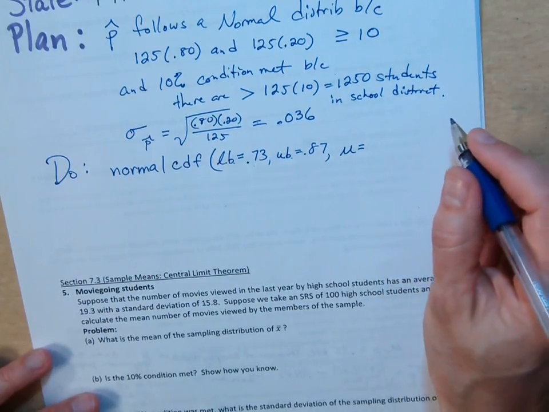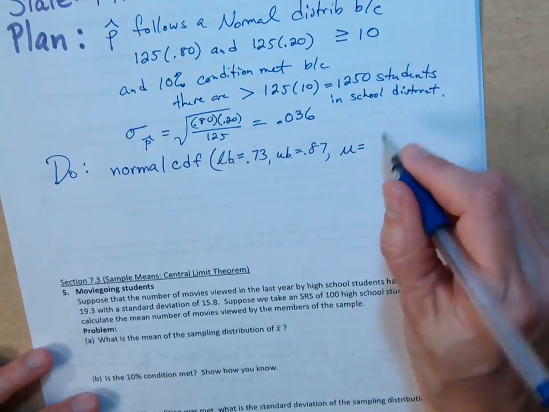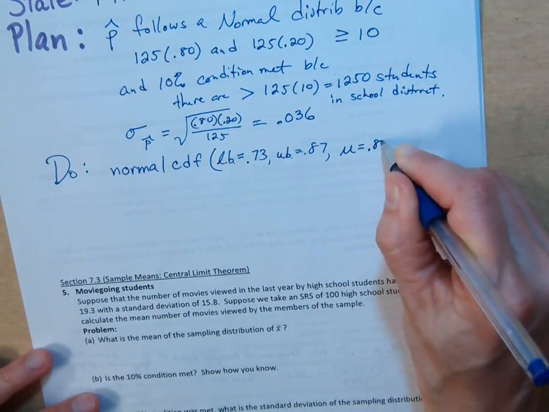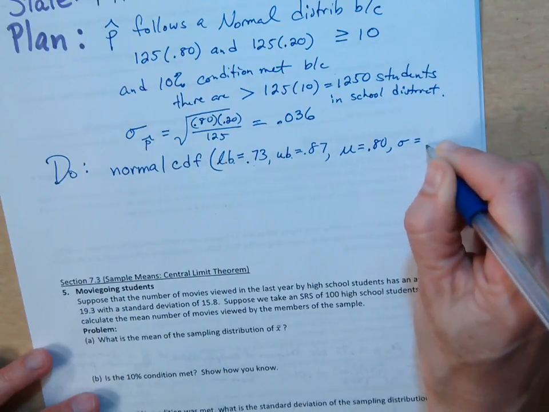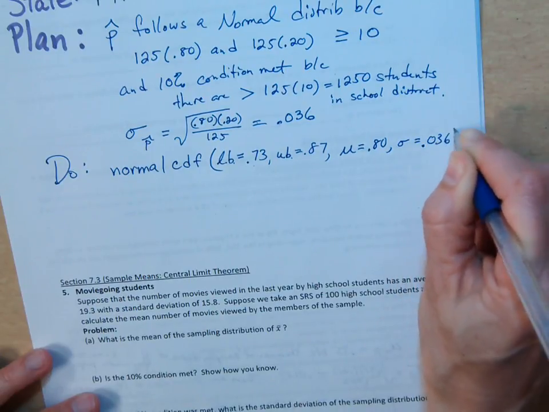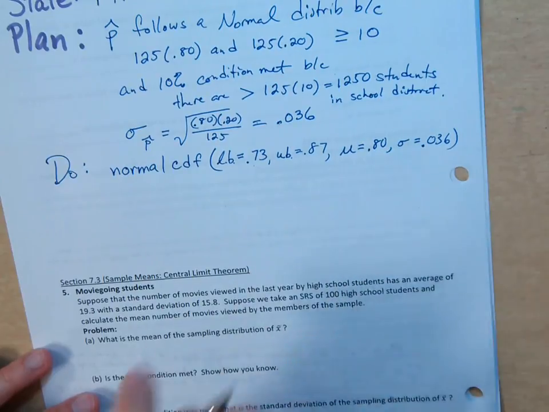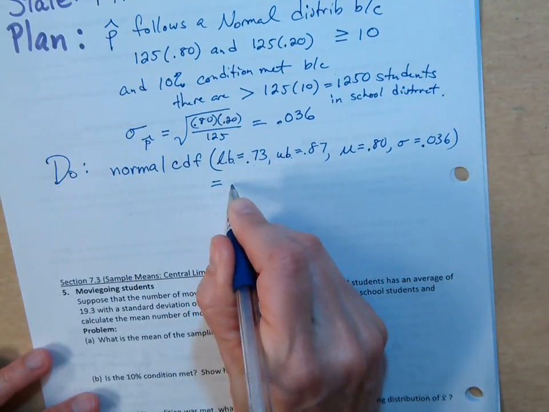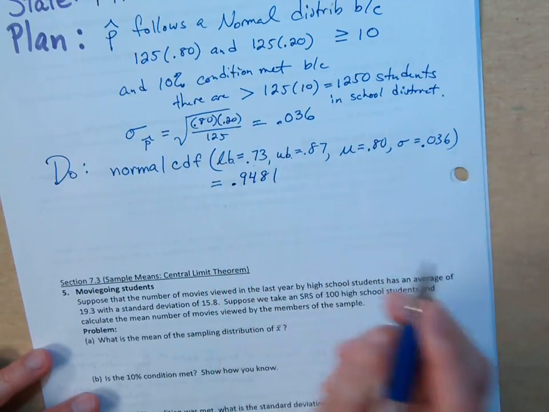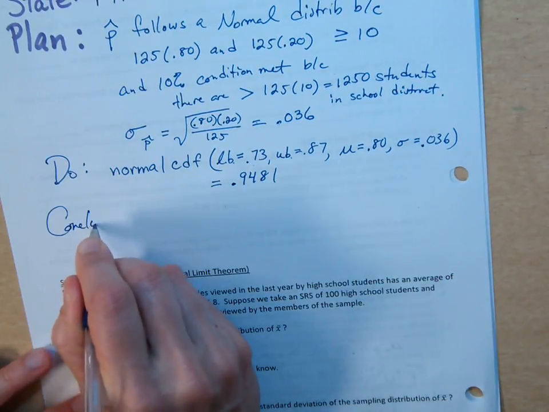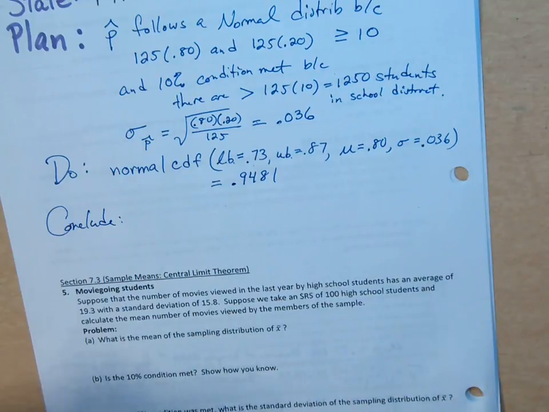And the mean of p hat is the same as the population mean, which is 0.80, and the standard deviation we just computed. That's why we computed it. So if you type in those 4 numbers, you will get about 0.9481, and so you would conclude then, we have to go back to what we were asking.